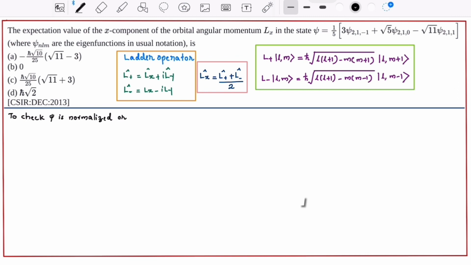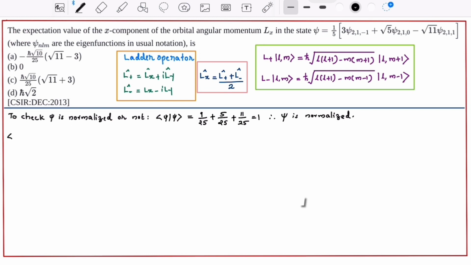Before that, let us check whether the given wave function psi is normalized or not. For that purpose, let us take the inner product of psi with itself, which is equal to 9 by 25 plus 5 by 25 plus 11 by 25, that is equal to 1. That is, the given wave function psi is normalized and there is no need to introduce a normalization constant.